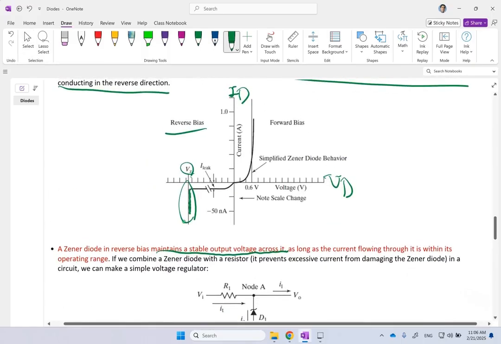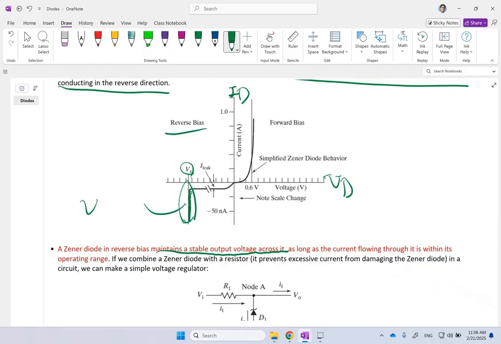Look at this graph, you see here it's almost like a vertical line. So I can say that the V of the diode is almost constant. The voltage across the diode does not need to change for the current to go. So it maintains an almost constant voltage, although the current is flowing through it.